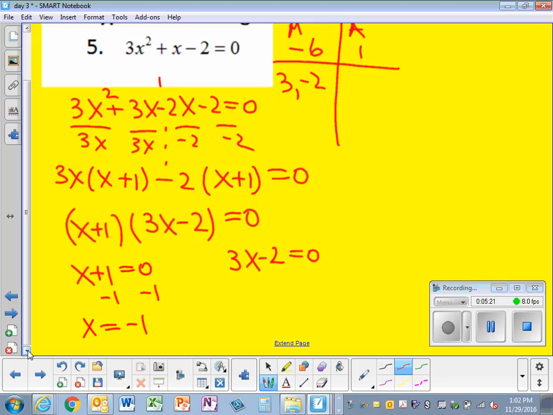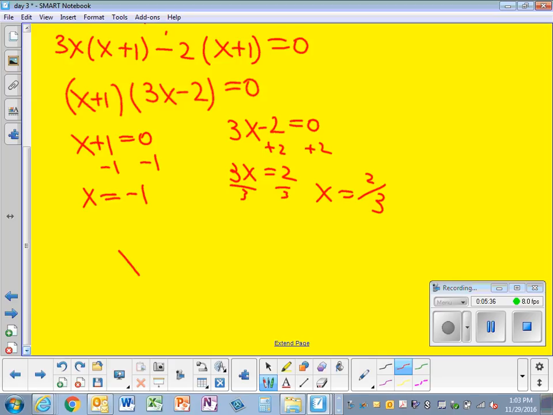For the other, plus 2 on both sides, I have 3x equals 2. I divide by 3, and I have x equals 2 over 3. So I write my solution as x equals negative 1, 2 over 3.